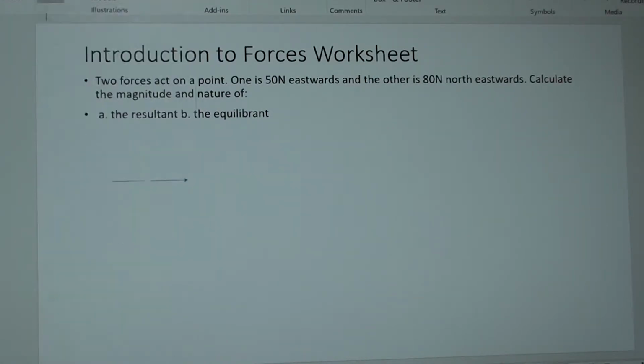So let's say this is 50 newtons, and the other force is 80 northeastward. It represents that this force will be going in that direction from the same point with a value of 80 newtons and the angle is 45.